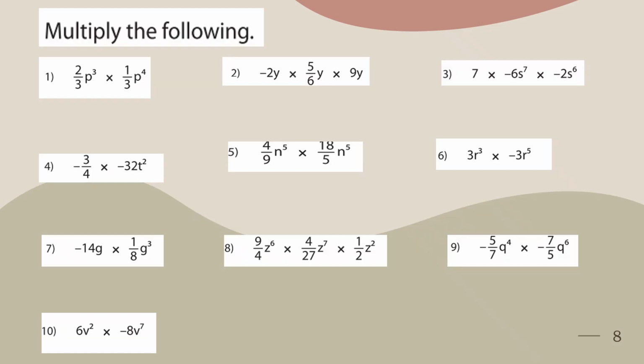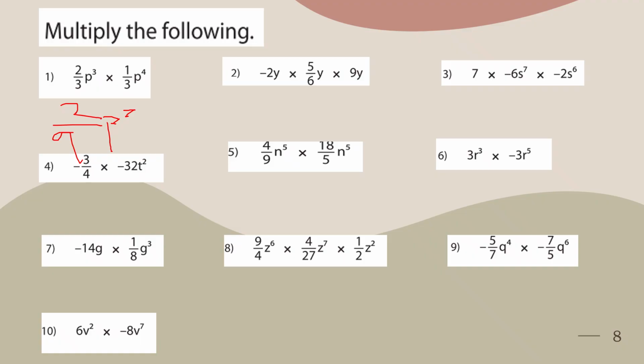Okay, so let us multiply each of the following monomials. We have 2 times 1 is 2 over 9, 3 times 3, no? And then we add the exponent. We have p raised to 7.